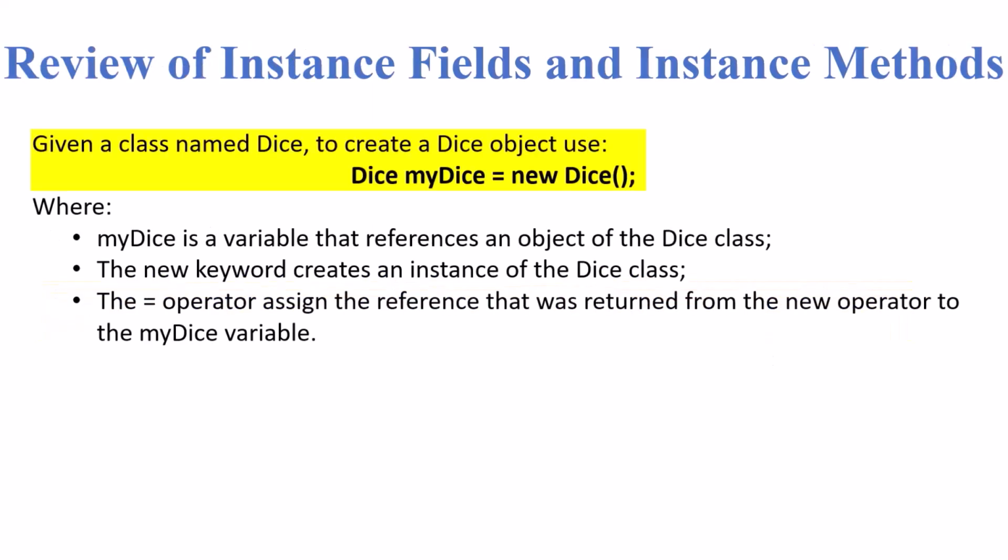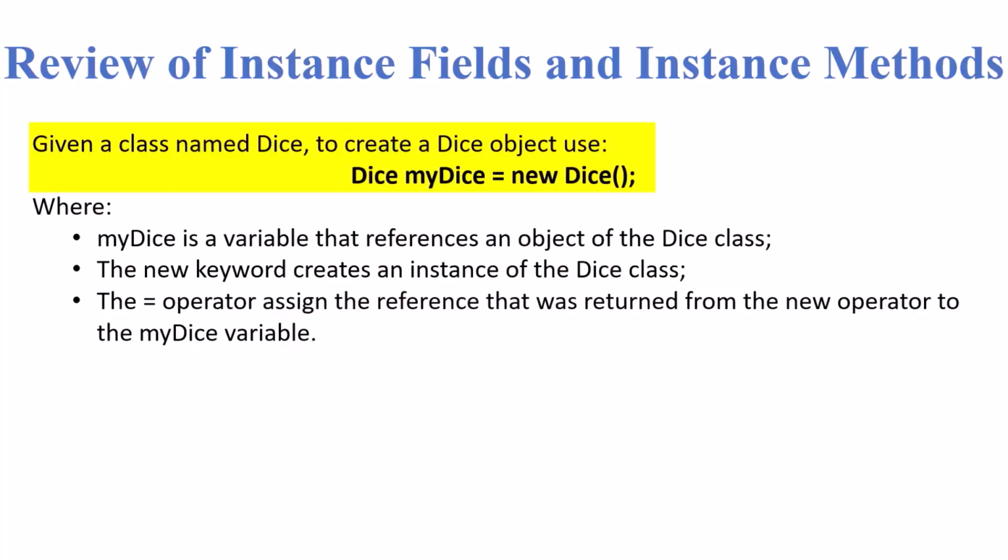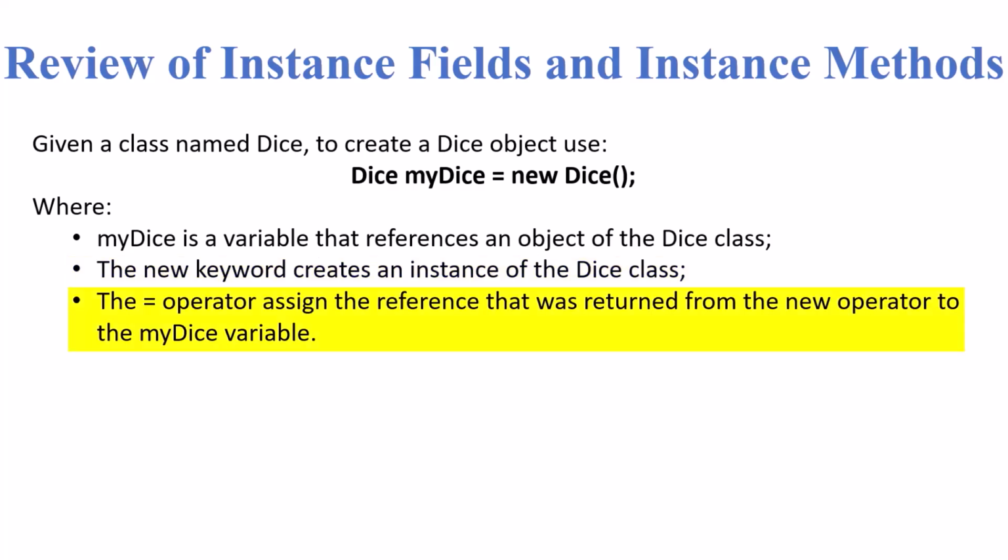For example, given a class named Dice, to create a dice object, we use Dice myDice = new Dice. What's going to happen is we're going to create a myDice object, an instance of a Dice object right here. myDice is a variable that references the object of the Dice class. The new keyword creates an instance of the Dice class, and the equal operator assigns the reference that was returned from the new operator to the myDice variable.